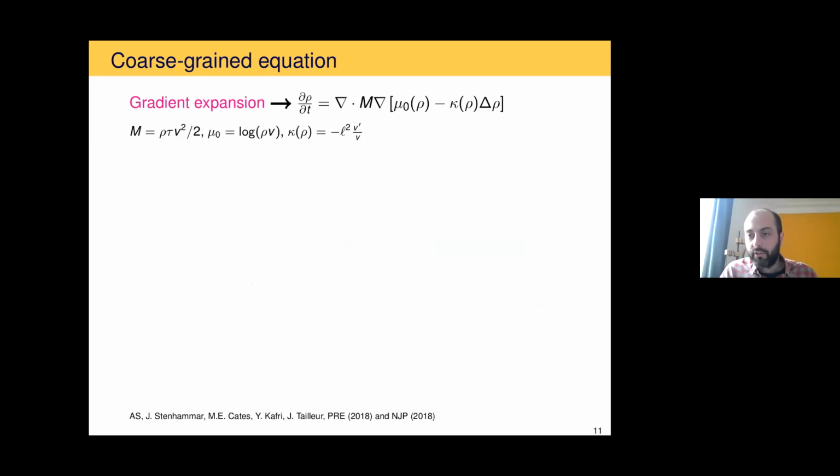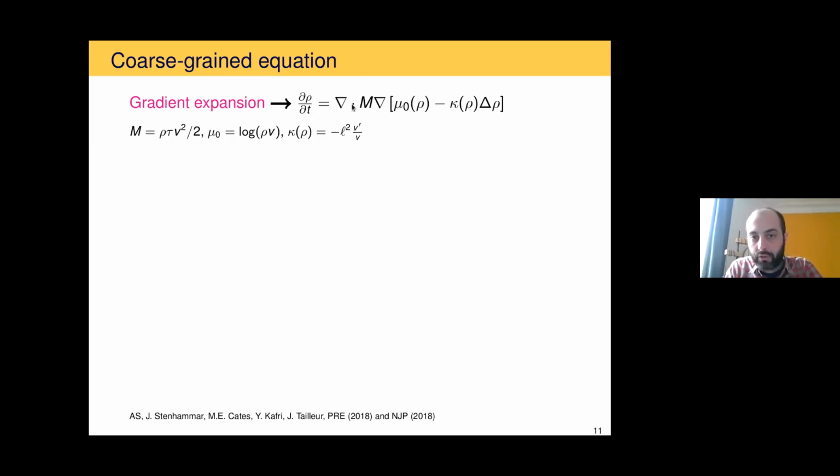But now, since there is some averaging in the interaction radius, analytically it's easier, and we can do the coarse graining to write a macroscopic equation for the density field by doing a gradient expansion. Well, it's a bit more complicated, but the point is that in the end we get a gradient expansion, and at the first non-trivial order in gradient, that's the equation that we get.